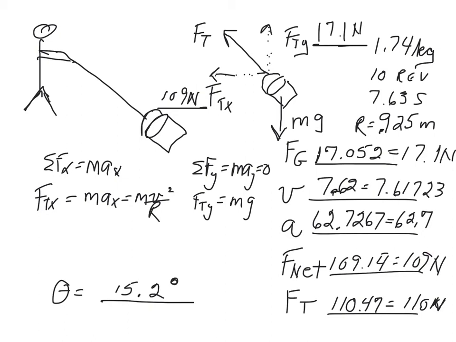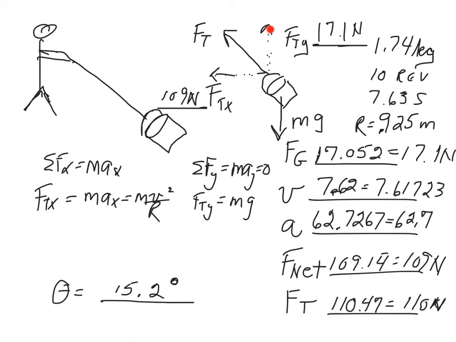Then to find the tension force, okay, it's just vectors, don't forget. You have the x and the y, so you square the x, you square the y, you add them together, you take the square root, and you get 110 newtons. Since most of the force is the x component, the tension doesn't change much because of the y part. And then once again, what's the angle?